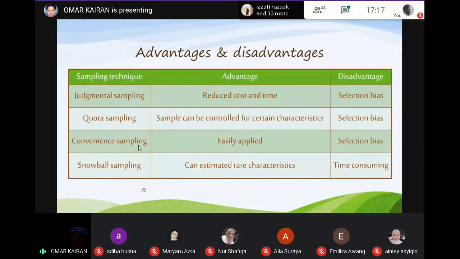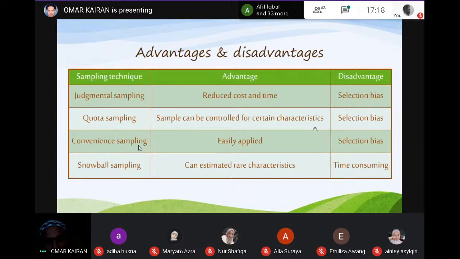Saya tak sebut pun pasal chances. Chances itu akan datang based on karakteristik saja, based on maklumat semata-mata, based on percentage semata-mata. Tak ada probability lah, tak ada chances. Consideration kita untuk pilih responden itu, chances itu tak ada.